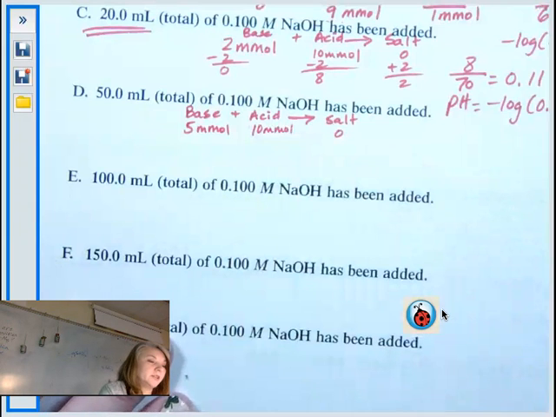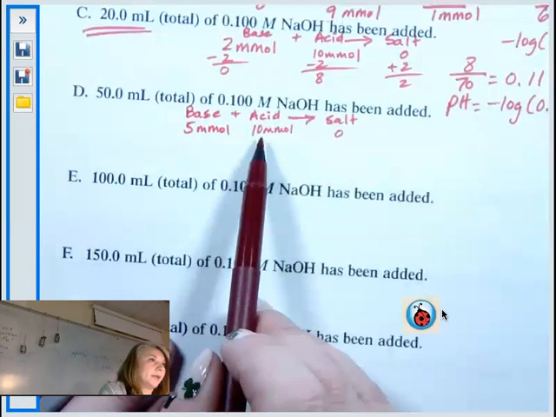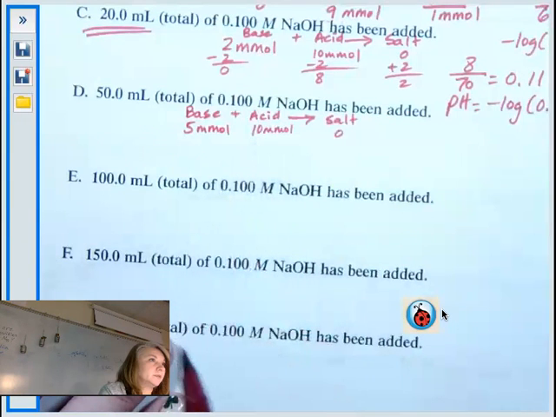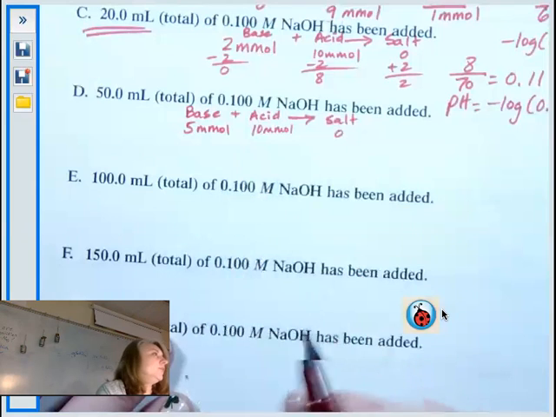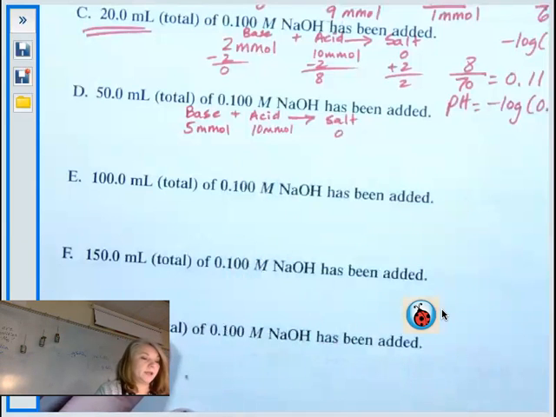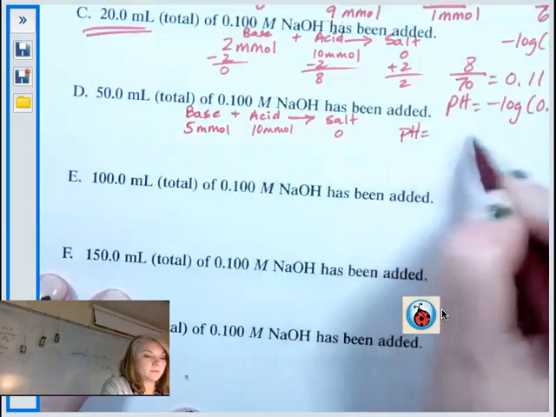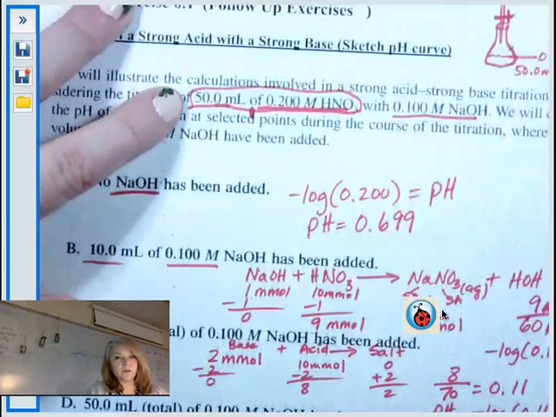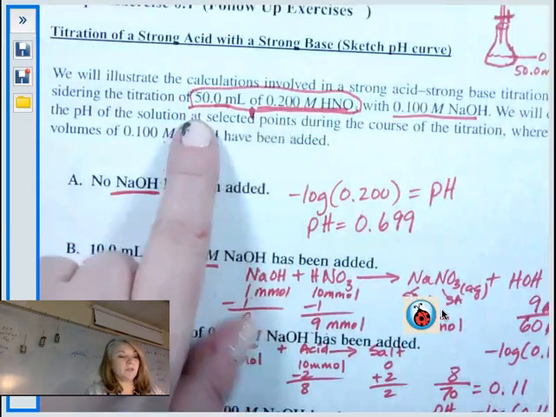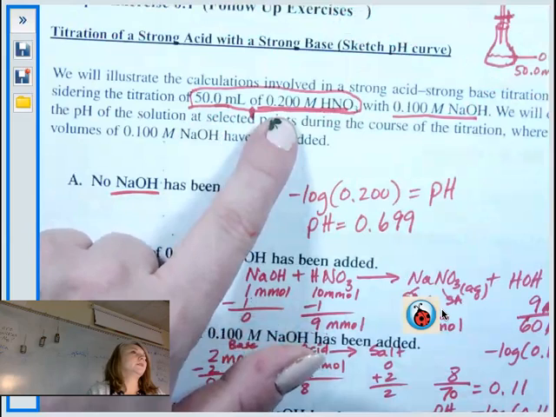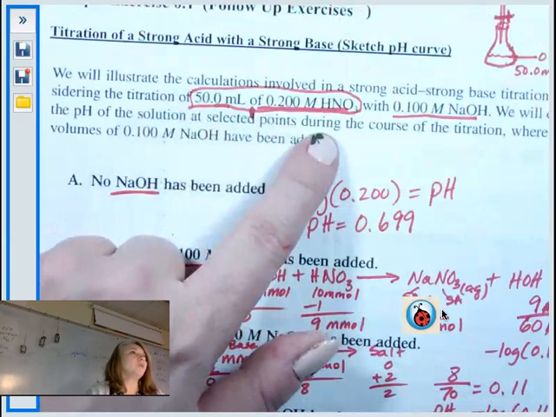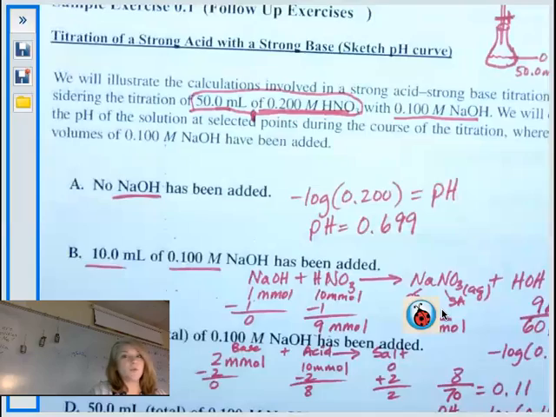Why does it matter? It's always 10. That's your original amount that you started with. How much salt do we have to do? No, not right now. We don't. But we're doing this just because you will. You don't care about the salt. It's just you had 50 milliliters of a 0.2 molar solution. Multiply 50 times 0.2. What are you going to get? 10. So that's how many millimoles of acid you started with. It all depends on what you start with in the problem.